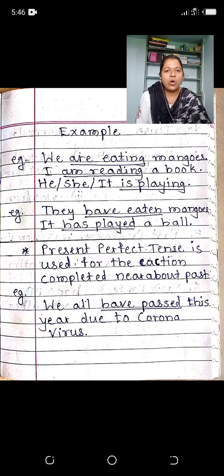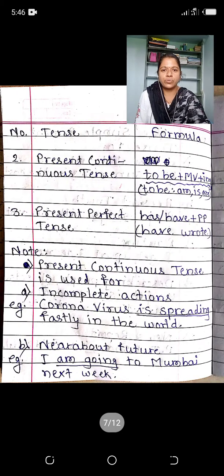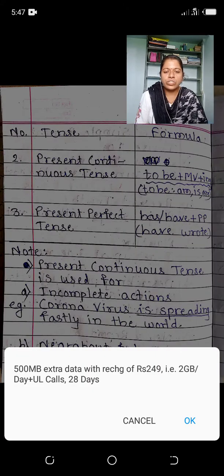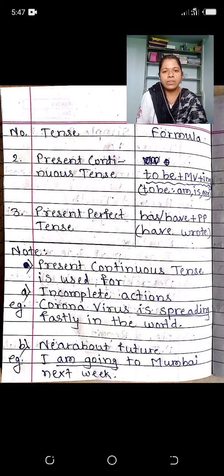He or she or it is playing. It is simple to use. Then third, see the occasions when to use this present continuous tense. Present continuous tense is used for incomplete actions. If you want to say something about an action or event which is in progress, which is not complete yet, there you have to use present continuous tense.